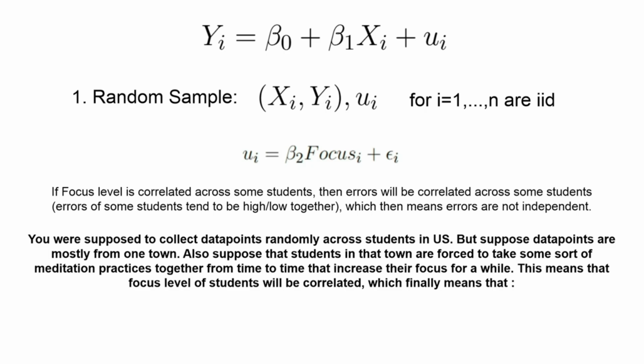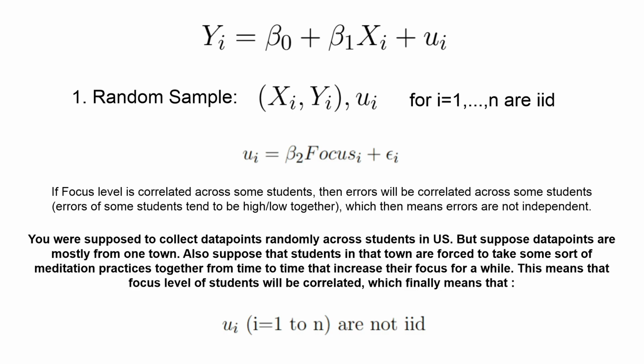This means that focus level of students will be correlated, which finally means that correlation of focus level between student I and J is going to be non-zero for most of the different pairs of I and J. And so this also means that correlation between UI and UJ is also going to be non-zero for most of the different pairs of I and J. And all of this means that UI for I equals 1 through n are not going to be IID, since most of the UIs will be correlated with one another.